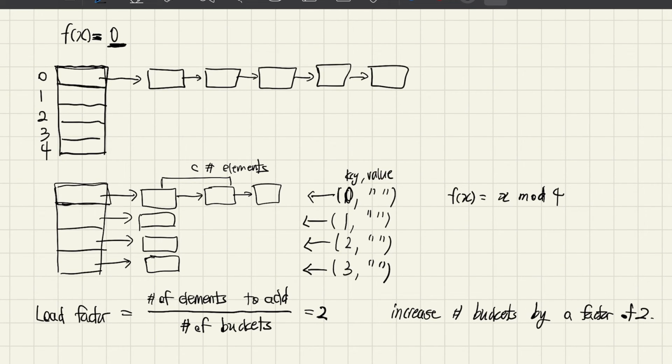And you might say you should go through all the array to find the correct index of the bucket. But since this is an array, it's a constant lookup time.